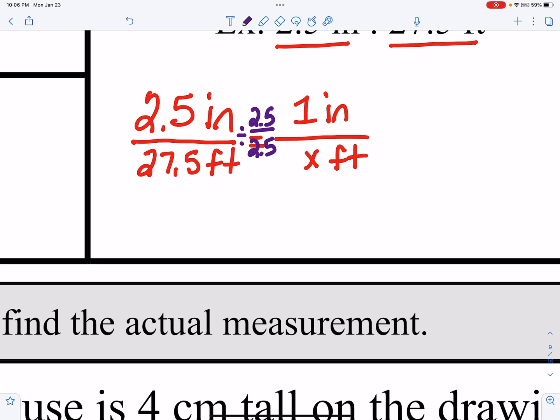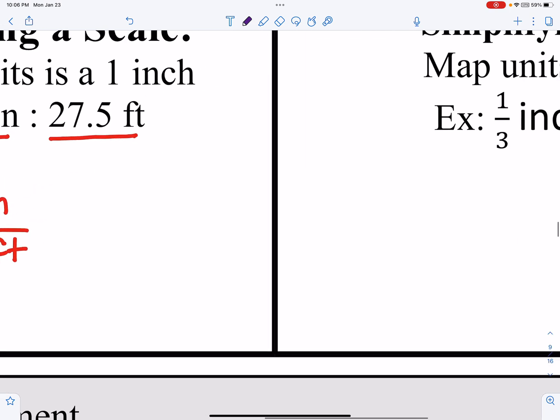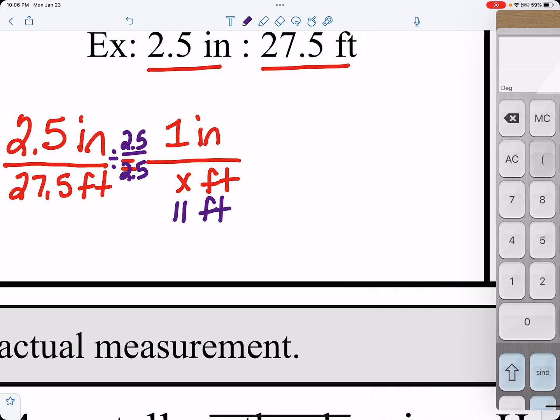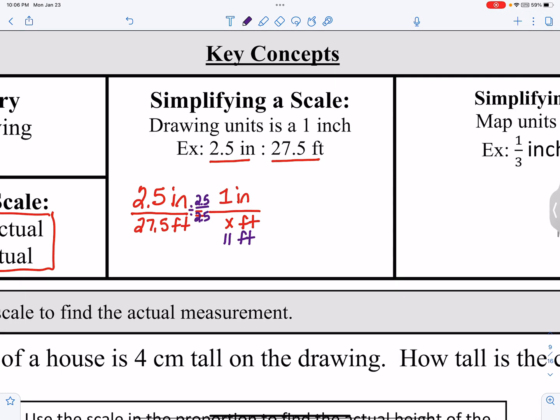So the 2.5 divided by the 2.5 is going to get me my 1, and the 27.5 divided by 2.5 is going to get me 11. Okay, and so without doing means and extremes, I have a quick way to get my answer. Okay, and so the simplified scale is for every 1 inch, we have an actual of 11 feet.